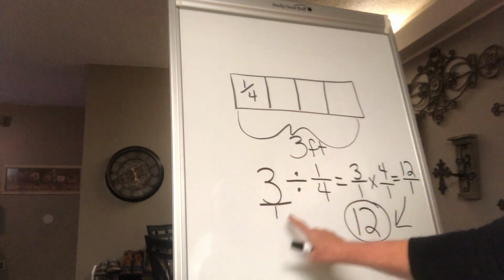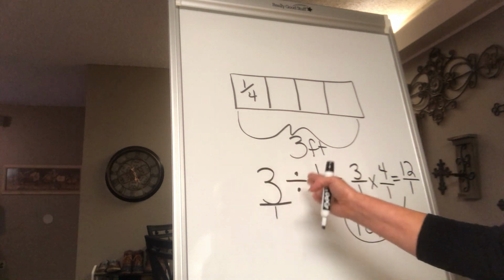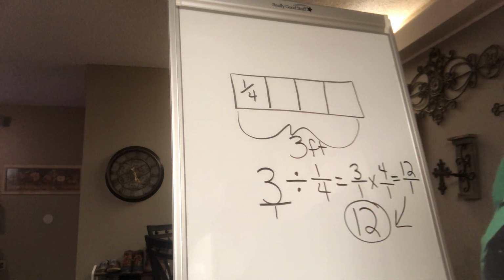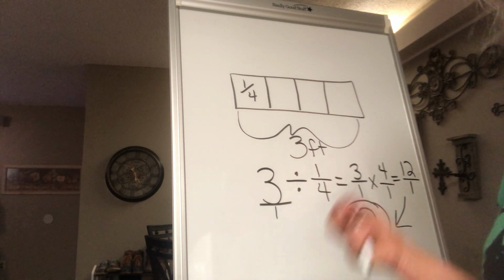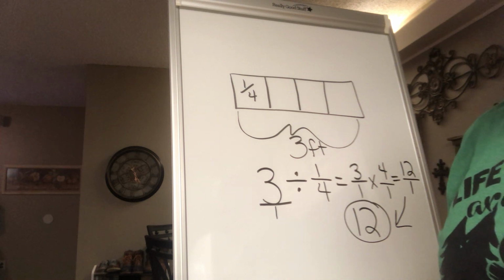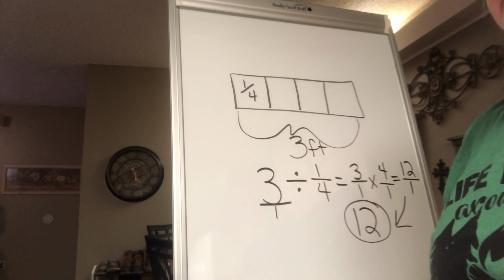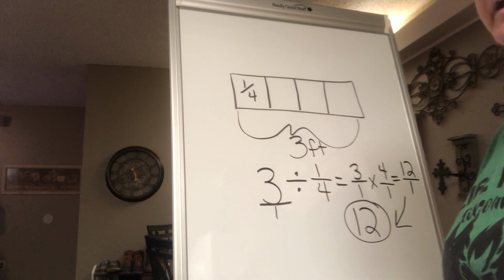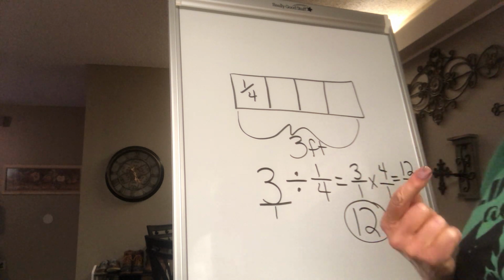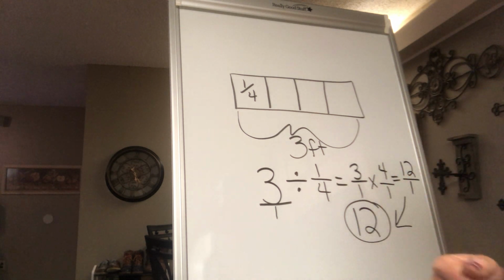Remember, she was taking the whole 3, dividing it by fourths. We knew we were going to get a whole number because getting a fraction wouldn't be a reasonable answer. So if we had done it backwards, we would have ended up with 1/12. And that should have triggered us to say, okay, I know my answer has to be a whole number, so I probably divided backwards, because remember, it does matter which way we divide.